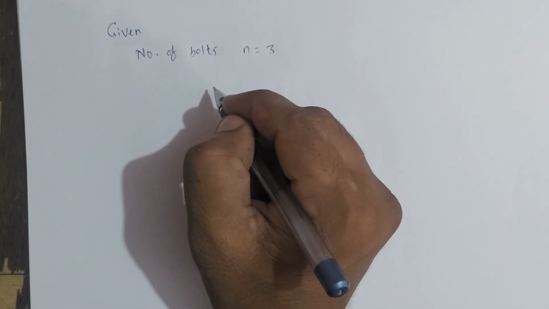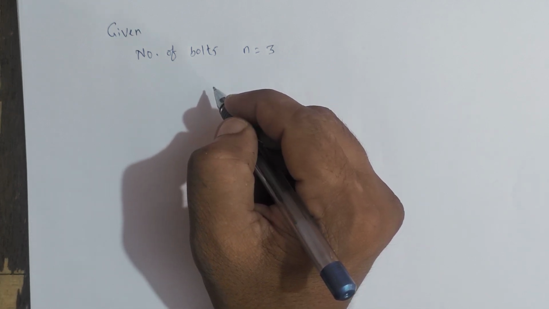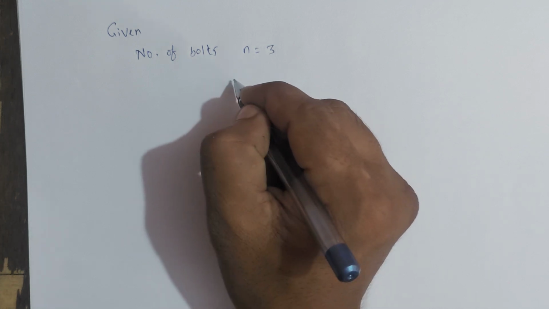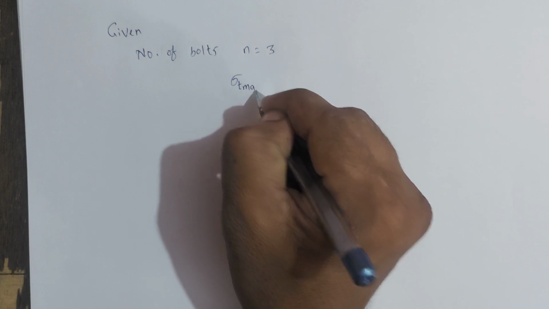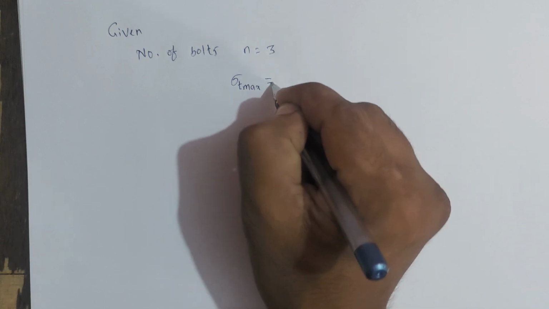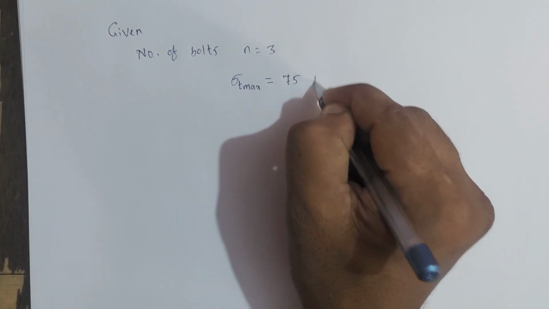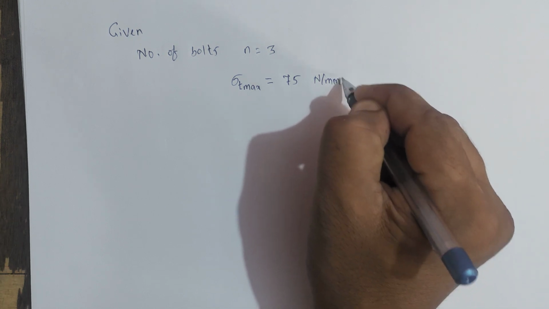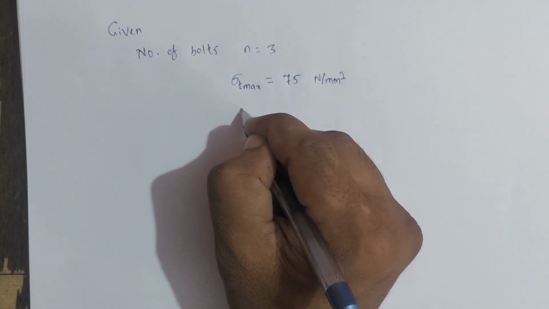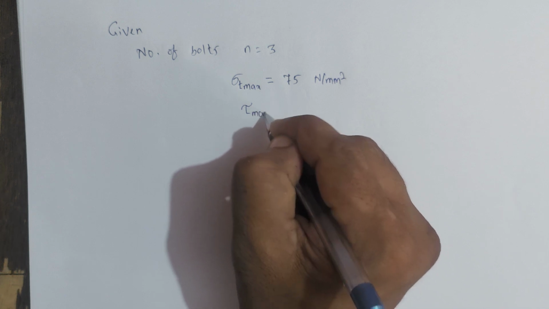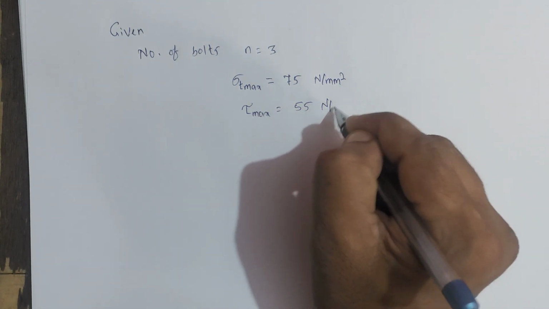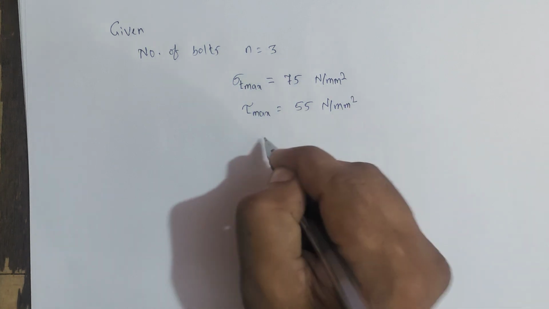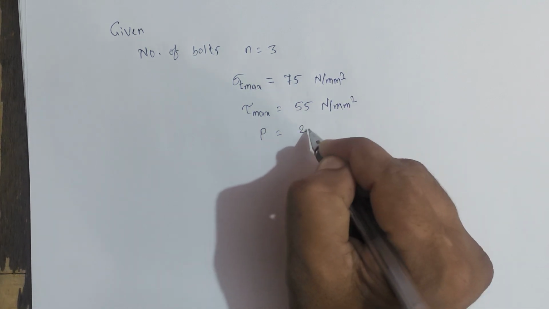Second, the permissible tensile and shear stresses are given in the numerical. So permissible tensile stress, that is principal stress sigma T max, is 75 Newton per mm square, and permissible shear stress, that is tau max, is 55 Newton per mm square. Load is given, that is 12 kilonewton.